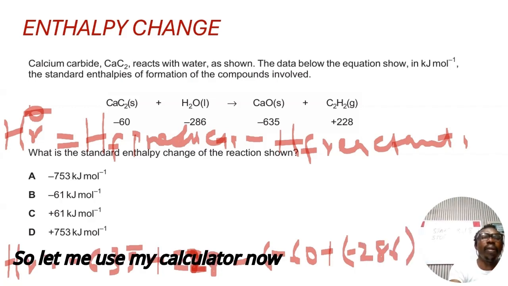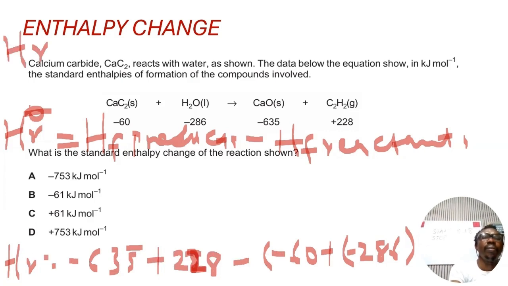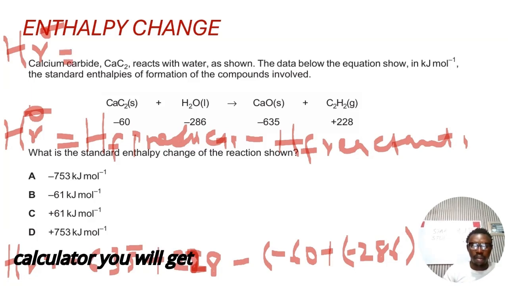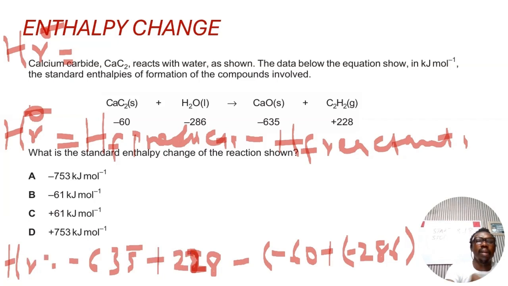So let me use my calculator now. Minus 635 plus 228, if I use my calculator, you will get minus 407.